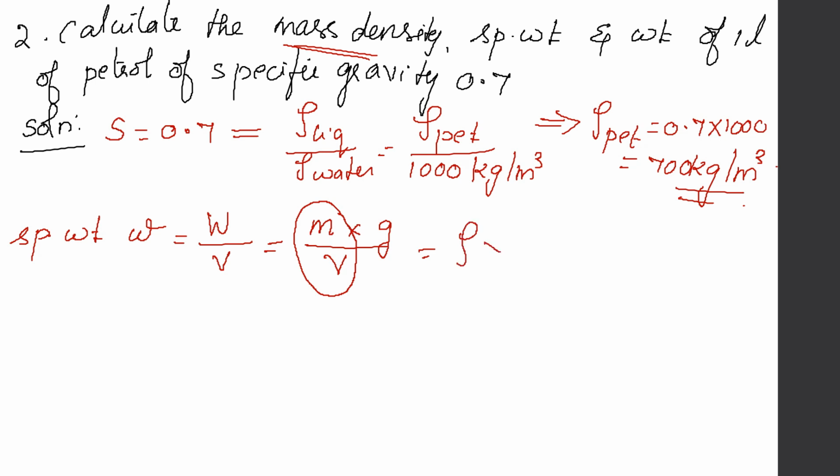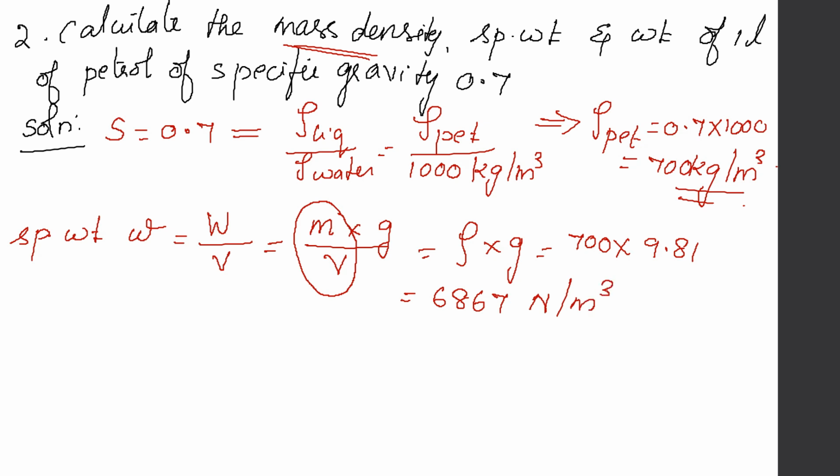So mass density into acceleration due to gravity. So rho is 700 multiplied by gravity 9.81. So we get 6867 Newton per meter cube.